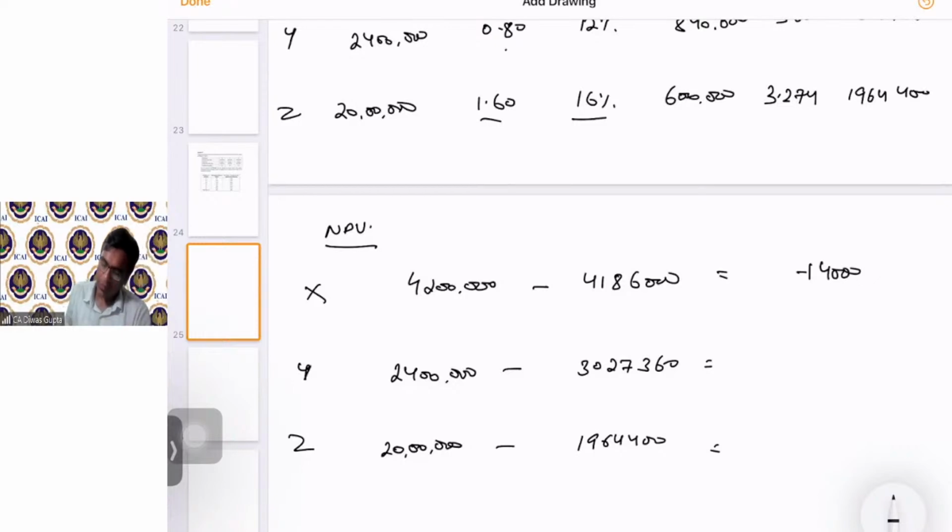This is minus 14,000, right? This is 6 lakhs 27,360, and this is minus 35,600.